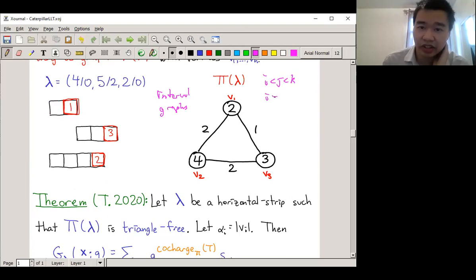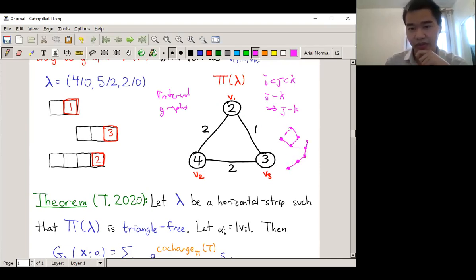If i is adjacent to k and j is between them, then j has to be adjacent to k, which is a little bit weaker than for interval graphs. And they also have a characterization in terms of forbidden induced subgraphs. Once again, I can't have a cycle of length greater than or equal to 4, and I also can't have a couple of other things, such as this one.